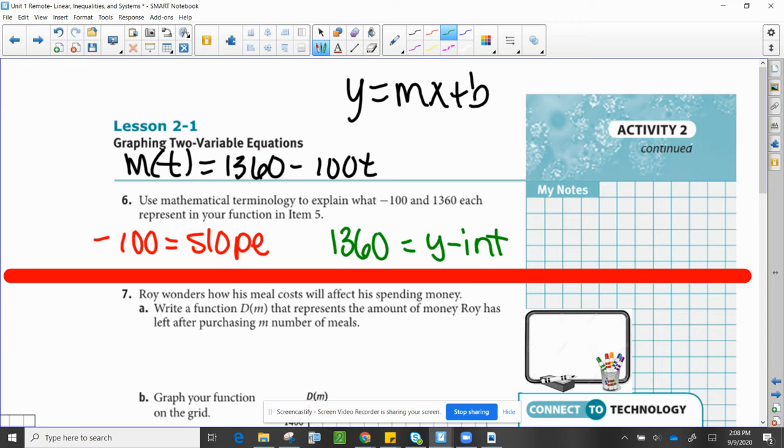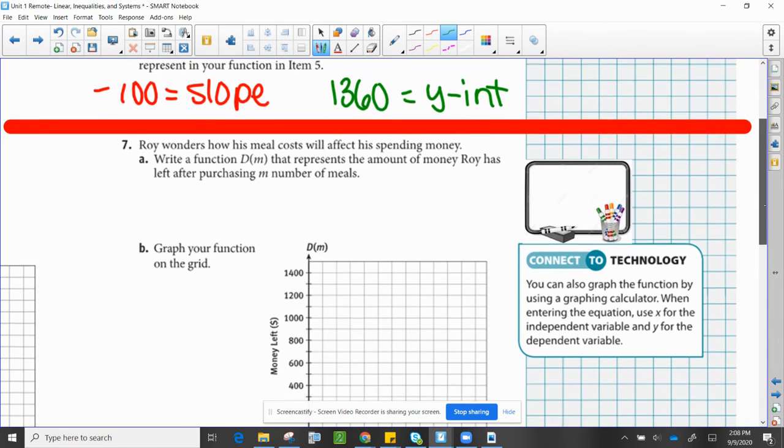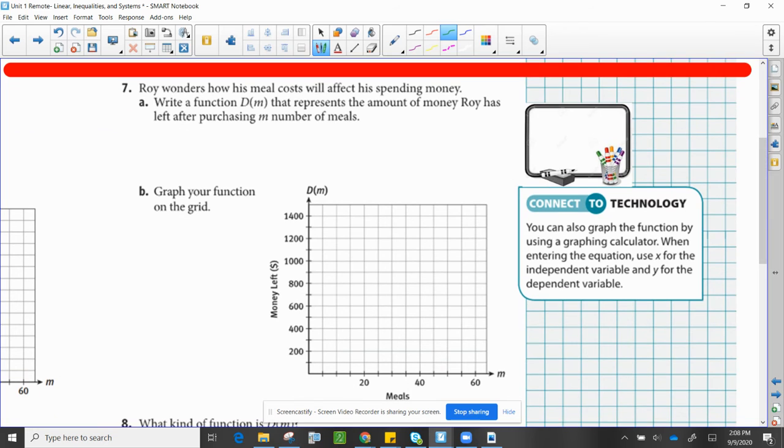Okay. All right, so we're going to do the exact same thing now here, but we're just going to do it with his meals. So a little note to point out that Roy estimated it's going to cost him $40 per meal every time he goes out. So forget that we went to any shows or bought any tickets at this point. We're just focusing only on meals.